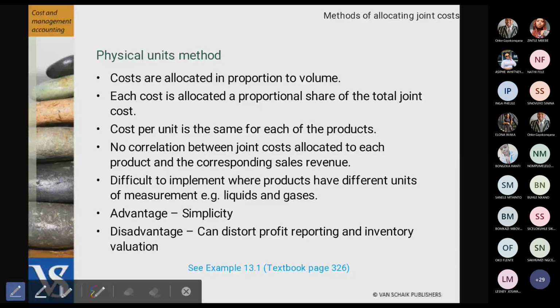It is difficult to implement where products have different units of measurement, e.g. if you've got a liquid and also a gas, so you can't really apply this method. But it's the simplest method, but at the same time it can distort profit reporting and inventory valuation. So that's the disadvantage that we encounter when we are looking at a physical units method.